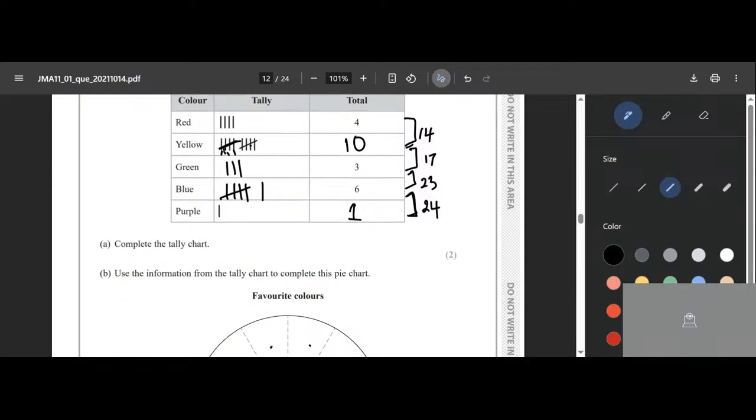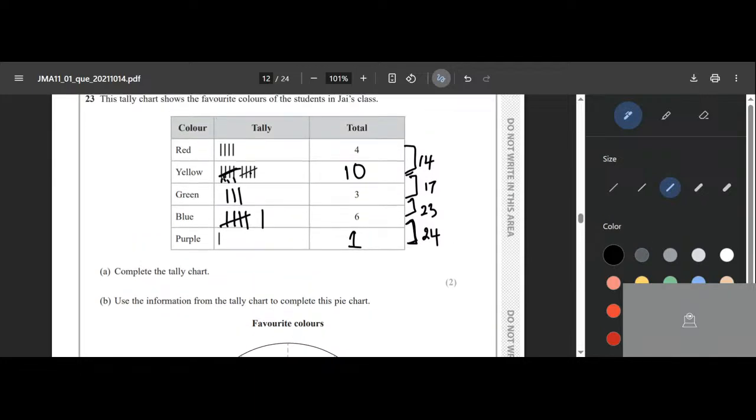So let us see. For the red, it is 4. So 4 out of 24, and all of them are divisible by 2. So 12 will go here. 2 times 2 here will go 2. In short, they're trying to tell you, just divide everything here by 2. But is that possible? We have to do it for all of them.